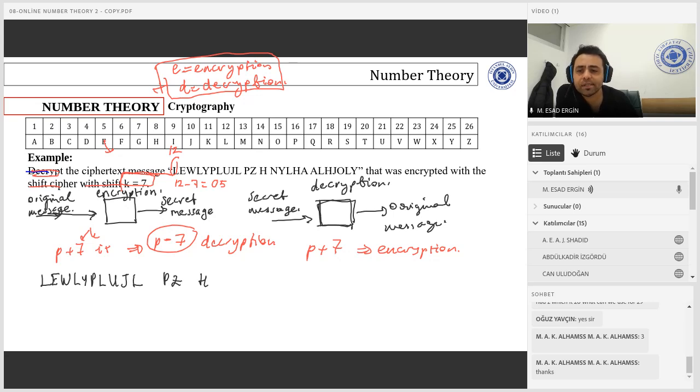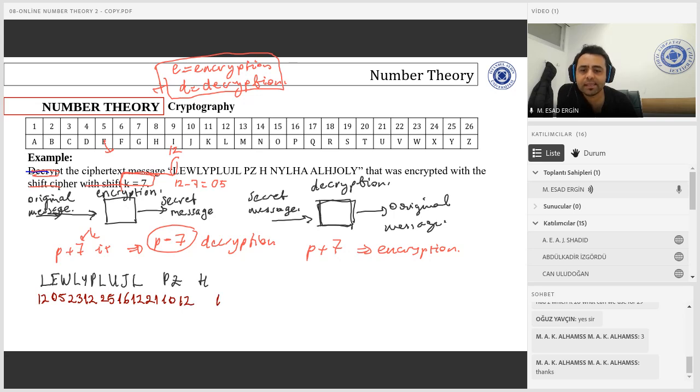So L equals 12, E equals 5, W equals 23, L 12, Y is 25, P equals 16, L is 12, U equals 21, J equals 10, L equals 12, and what is P?